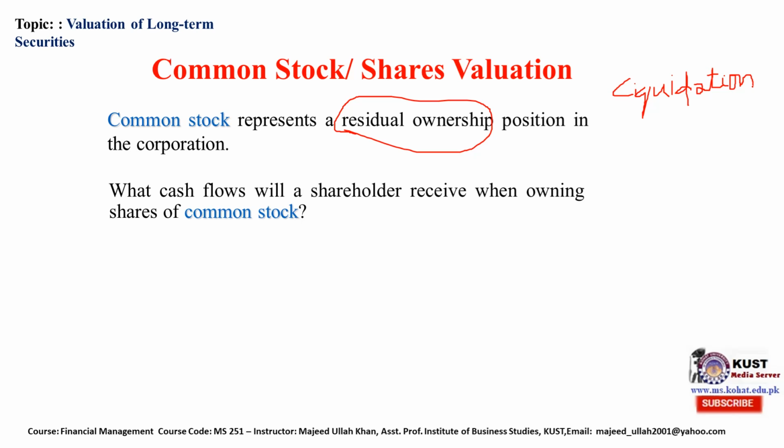From the proceeds of disposing these assets, he will first pay government taxes, then short-term obligations like accounts payable, then long-term obligations like bank loans or bonds, and then preferred shareholders. In the last, the residual that remains with the liquidator will be paid to the common shareholders.